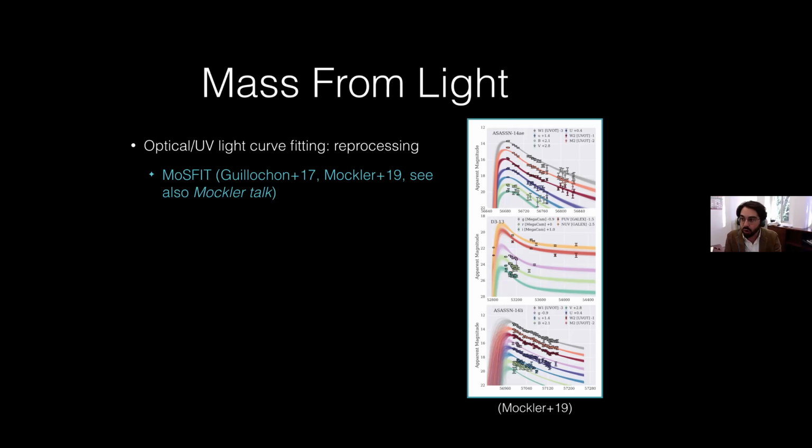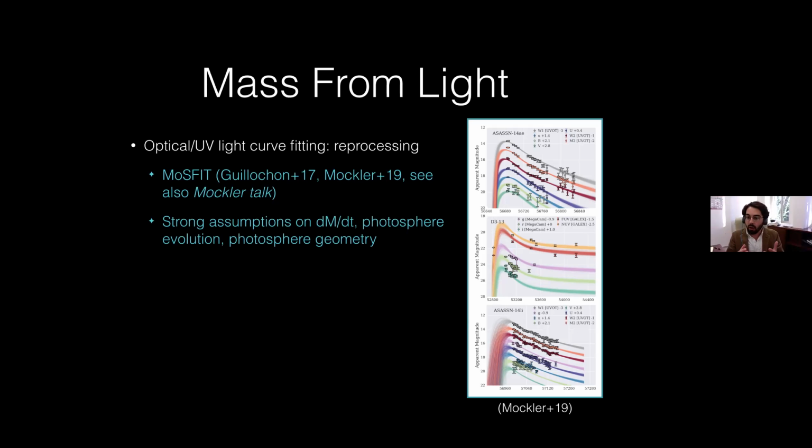Brenna is going to talk more about this later in this session, so I won't say too much about this, except to note that although MOSFiT is the best tool we have right now for converting optical light curves into mass estimates, under the assumption that the optical light curves are reprocessing powered, we still don't understand in a first principles way the geometry and time evolution of the optical photosphere, or the time evolution of the accretion rate in the central engine, which is supplying the ionizing flux to be reprocessed.